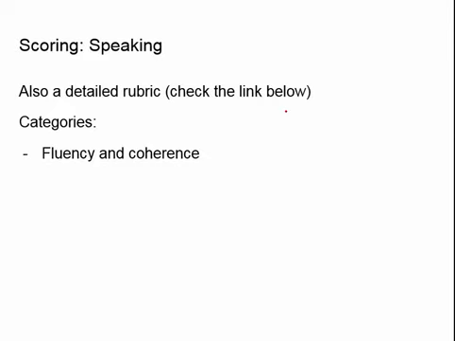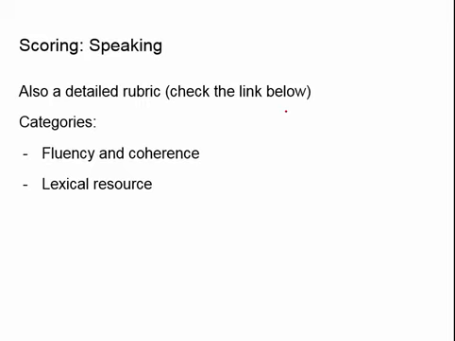Fluency means how well you're able to speak, not really how quickly, but maybe you don't have a lot of long pauses and your ideas flow together easily, and you don't struggle to come up with sentences and words a lot. Coherence means that your ideas stick together. It's just like the writing concept we just discussed.